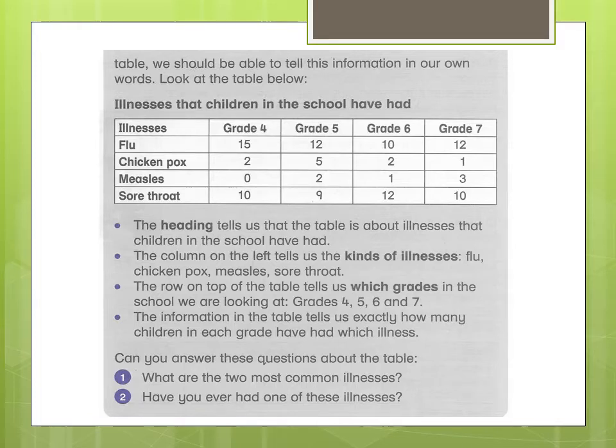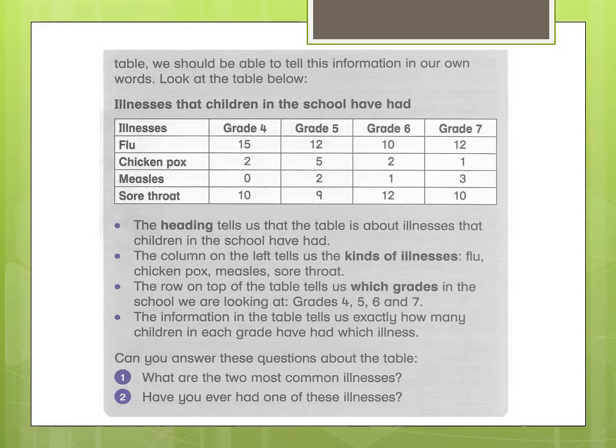The row on top of the table tells us which grades in the school we are looking at. First, grade 4, grade 5, grade 6, grade 7. The information in the table tells us exactly how many children in each grade have had which illness.